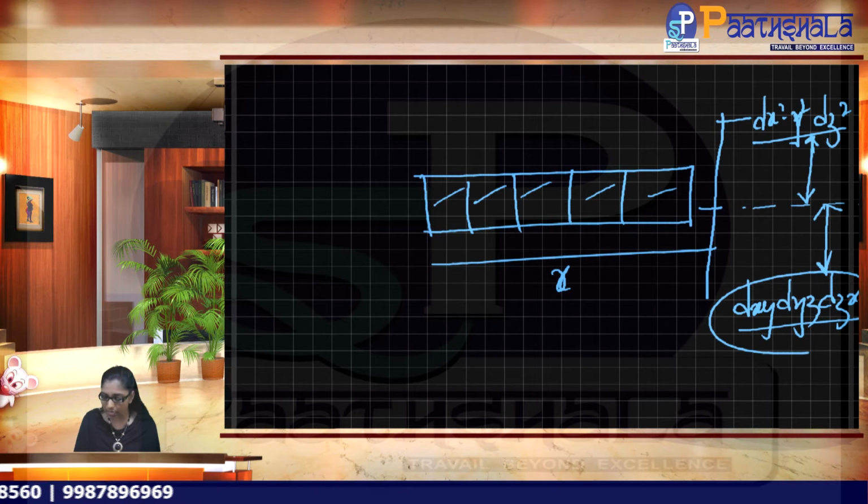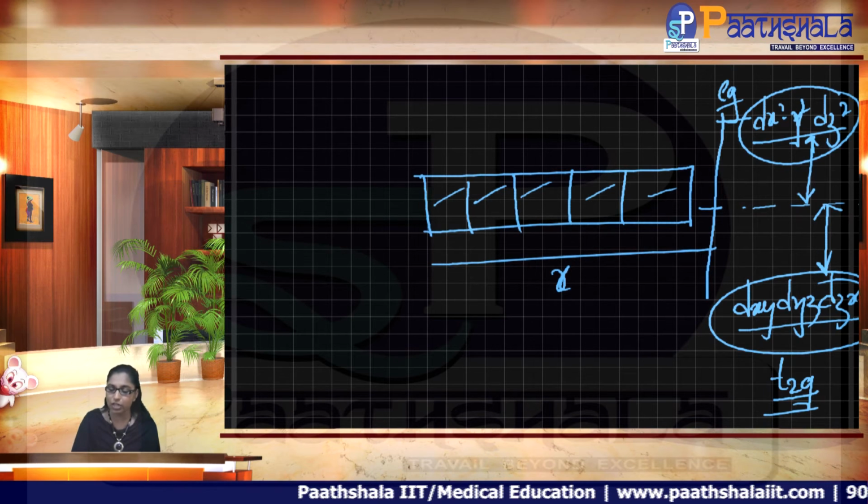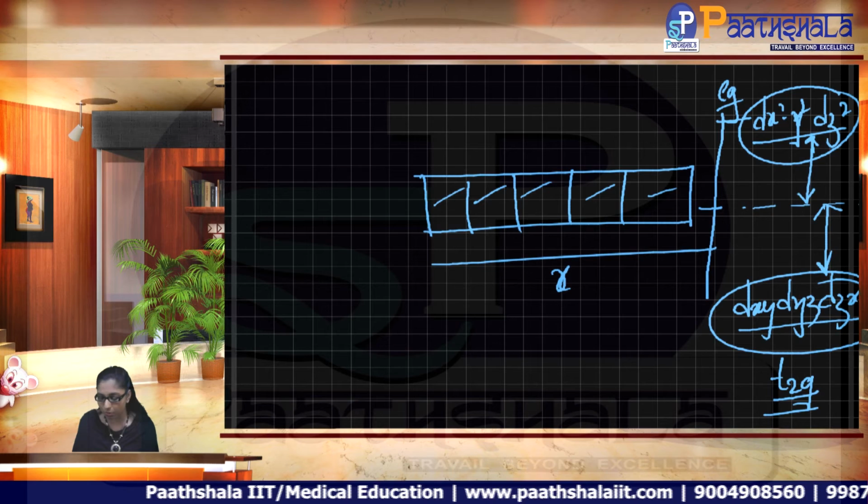And one more thing is that these three orbitals are together called the t2g orbitals, and these two orbitals are called the eg orbitals. T2g stands for triply degenerate orbitals and eg stands for doubly degenerate orbitals.